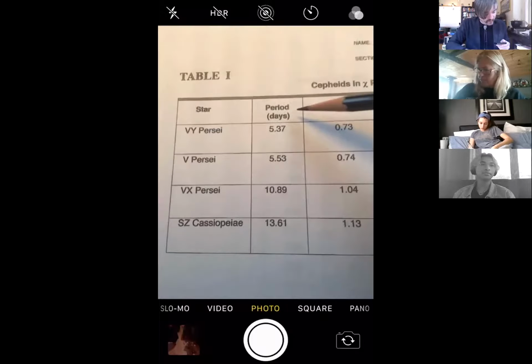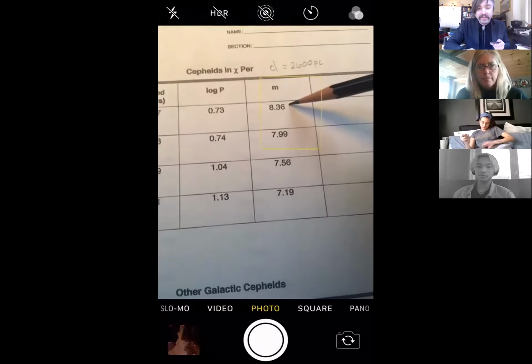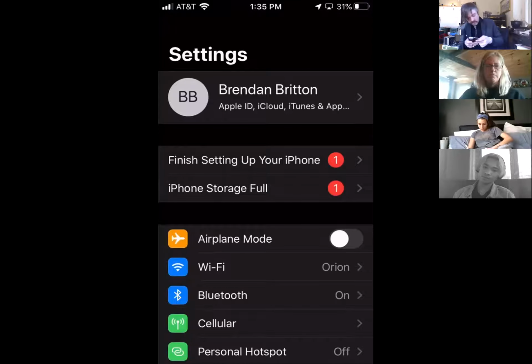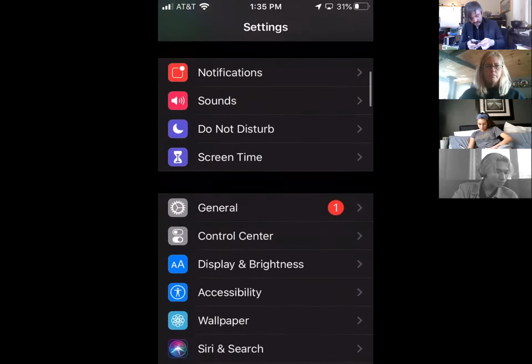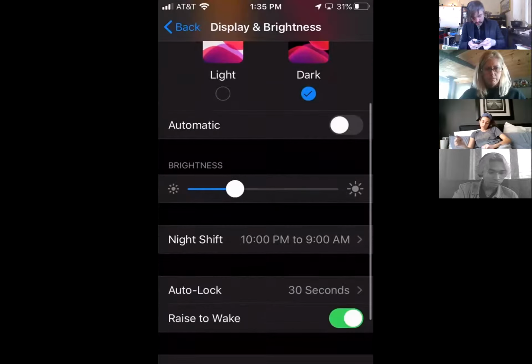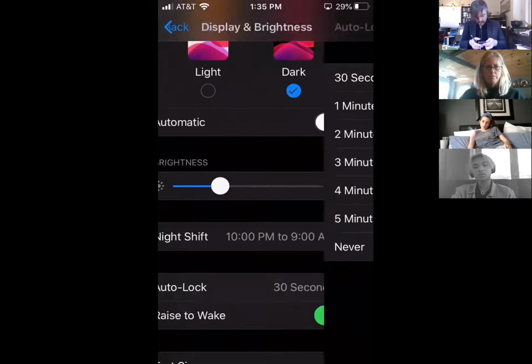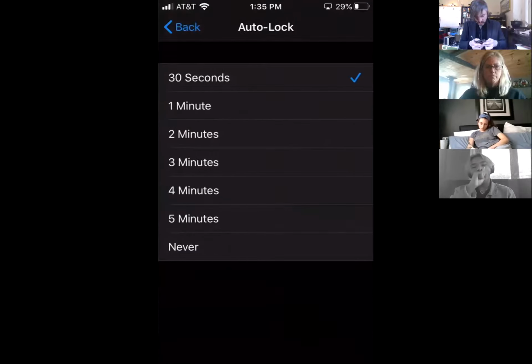We've measured the period of pulsation of these four variables. They've taken the log P for us. We have their apparent magnitude. I'm going to try to do two things, class. First of all, I'm going to undo my lock. And second of all, my battery is low. Hold on. I need to go to my display and set it to never auto lock.